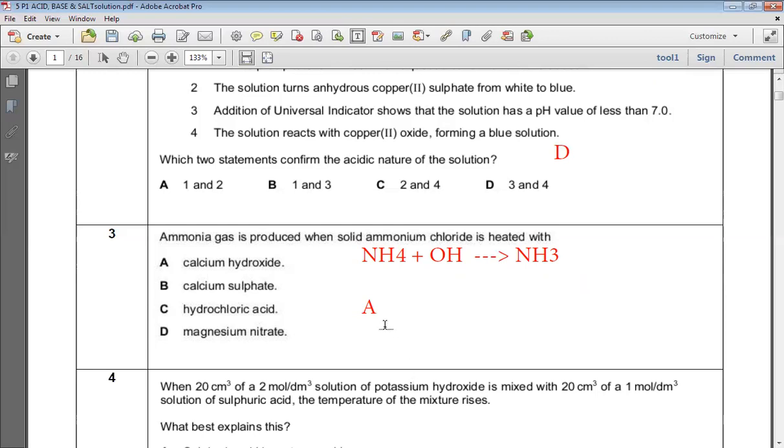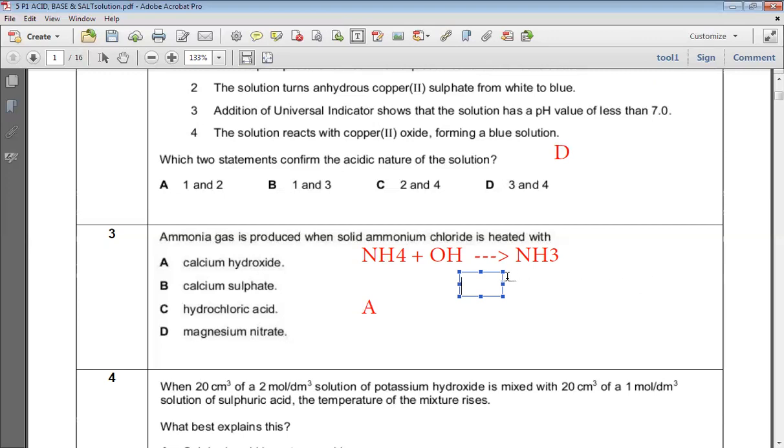So question number 3, option A is correct. The reason is calcium hydroxide contains OH, hydrochloric acid is an acid, magnesium nitrate is eventually an acidic salt, while calcium sulfate is a neutral salt. How can we say that calcium sulfate is a neutral salt? We know that very well.